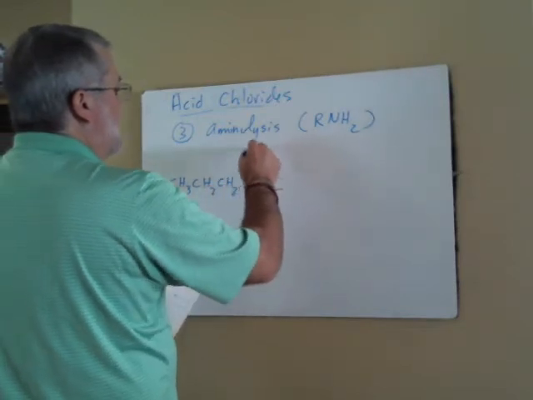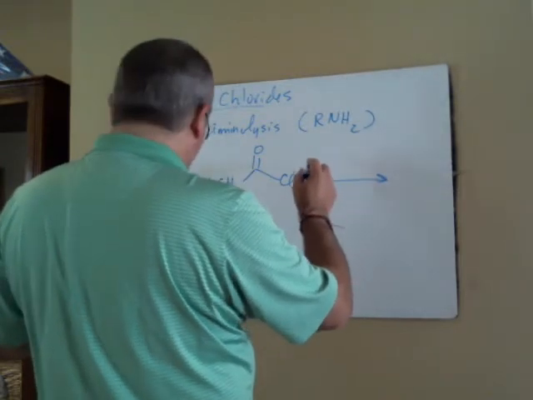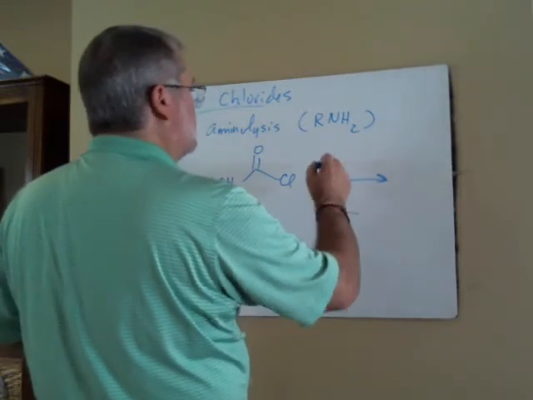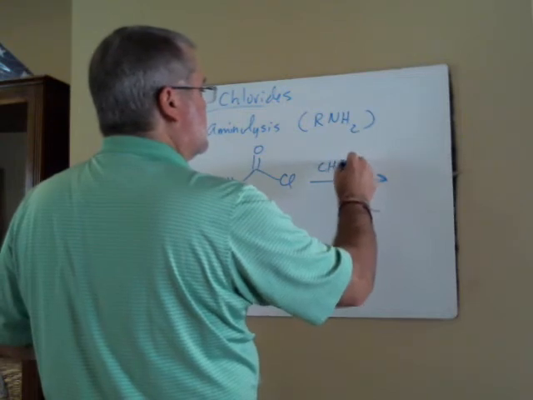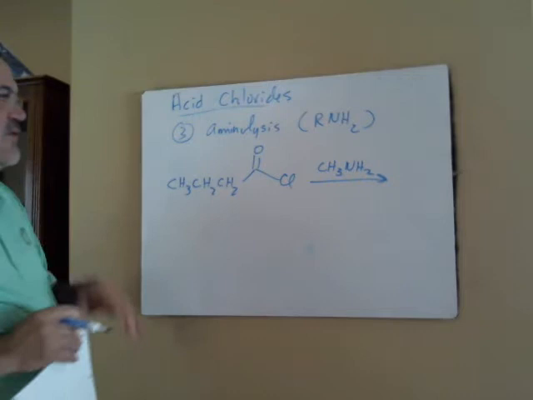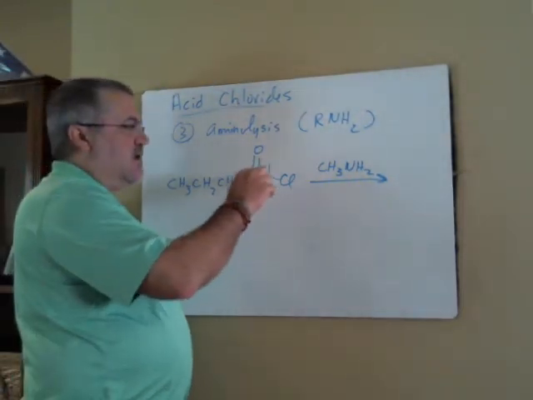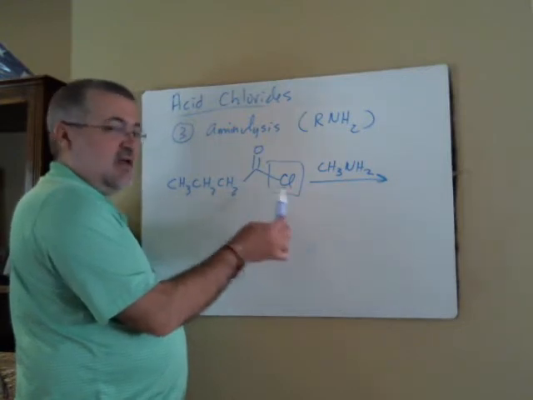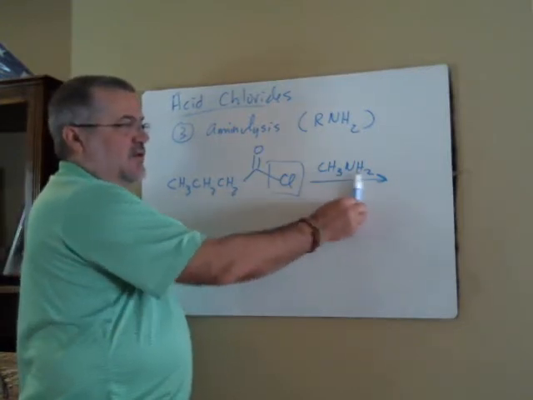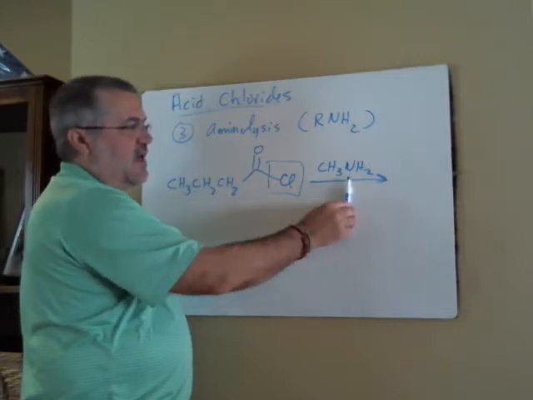So I have my acid chloride, and I'm going to react it with methylamine. Okay. First, what's the product going to be? Well, what's in the box is going to be substituted with whatever the nucleophile is. And the nucleophile here is an amine.